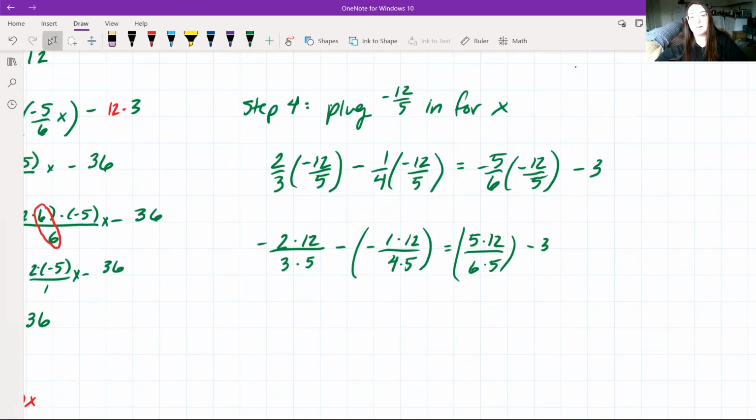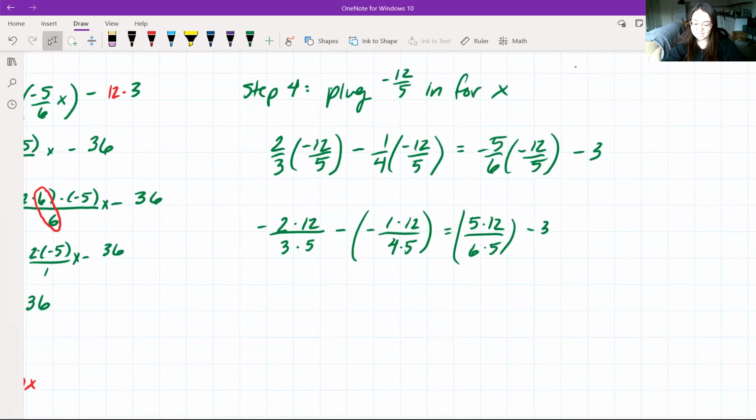So there's going to be quite a bit of expanding and canceling terms out in this next step. So negative 2 times 12, we know 12 can be expanded into 3 times 4, and in our denominator, we have 3 times 5.